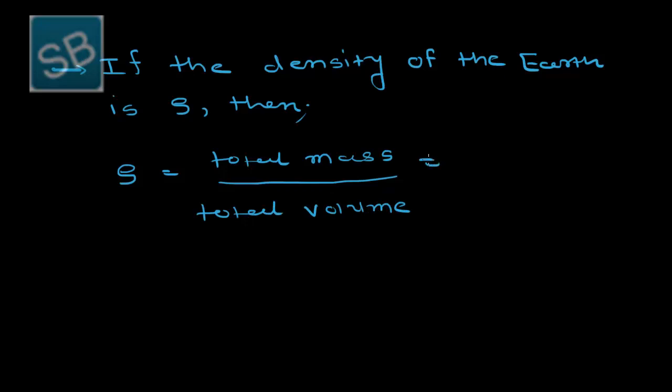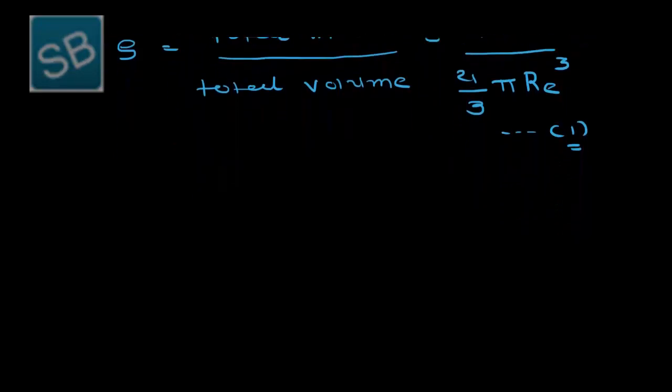And here the total mass is the mass of Earth and volume is 4 by 3 pi r cube. But instead of r, here I am writing the radius of the Earth, re cube. So this is the first equation in this particular article.